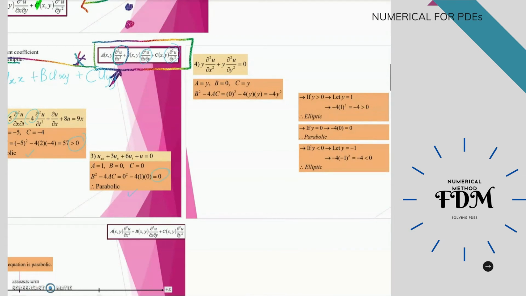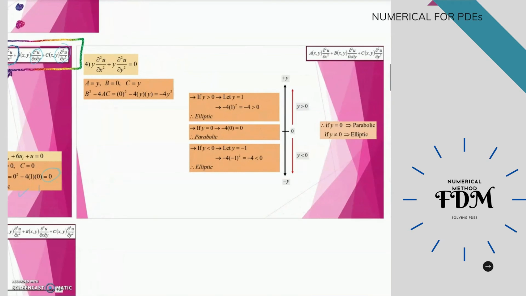And then look here. For this example, I put the simplified equation here. Then you check b square minus 4ac, so you have negative 4y square. You are not getting a specific number, because you have a variable of y square here.